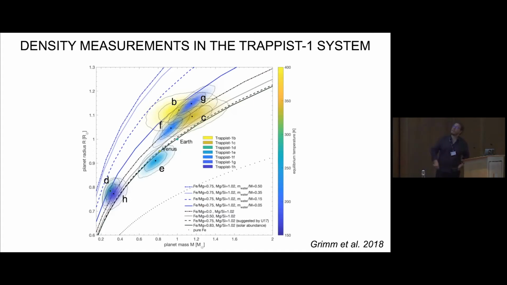And actually, I believe that this diagram, which shows you the density measurements of the TRAPPIST-1 planets that have been performed by combining radius measurements through the transit technique and mass estimates using transit timing variation data, means that we can start to get some information on these planets.